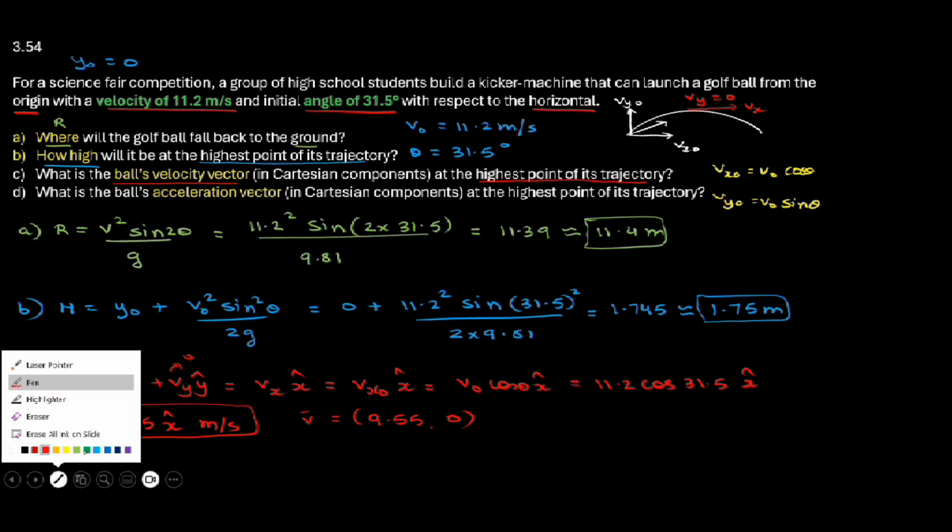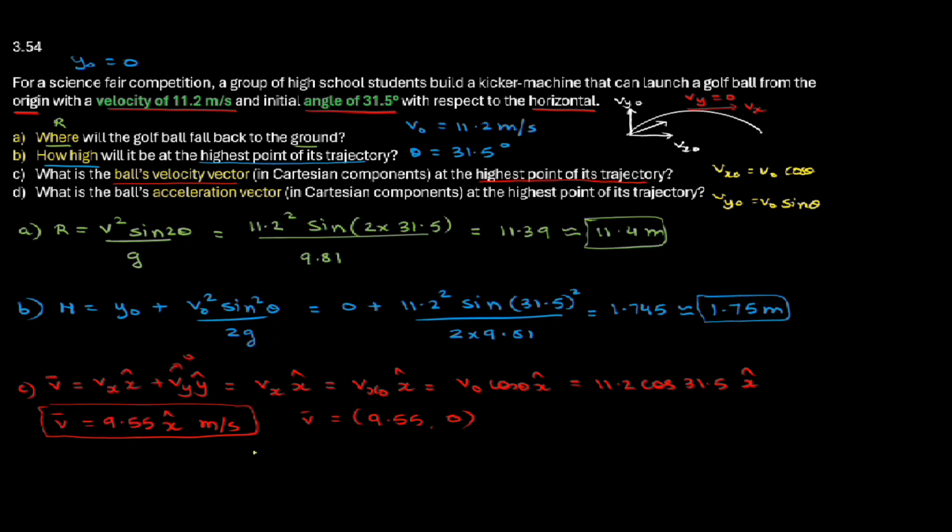We do the same thing for part D. In part D, they are asking you about acceleration. We know in projectile motion, the x component of acceleration is 0, whereas the y component is the acceleration due to gravity, which is negative g, negative 9.81 meters per second squared.